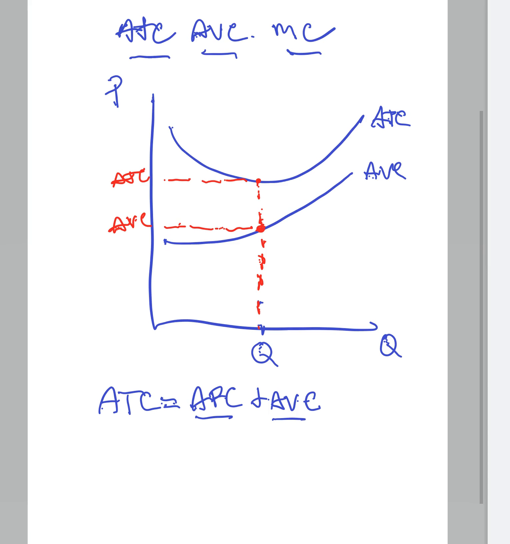Well, look at what we have here. Do you see how we have ATC right here, and we're given average variable cost? Well, that means the difference must be AFC, and the difference is going to be the vertical distance between here and here. So this must be AFC.